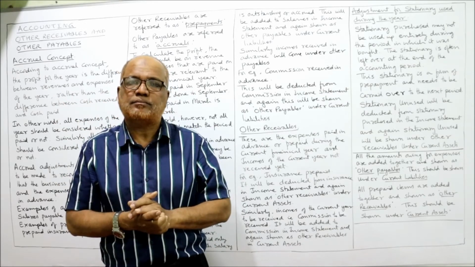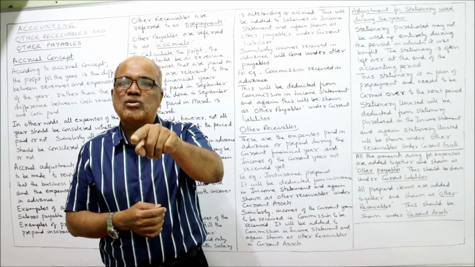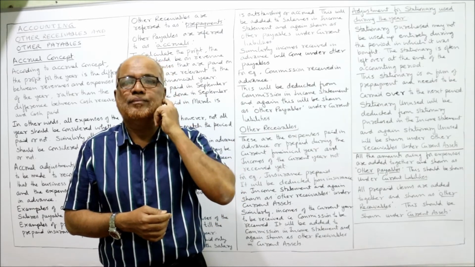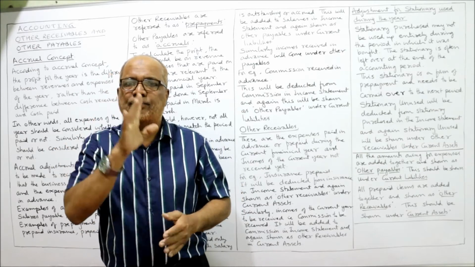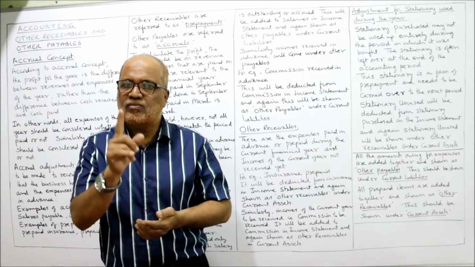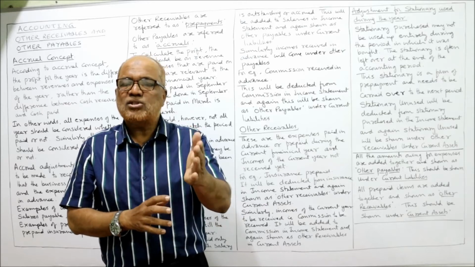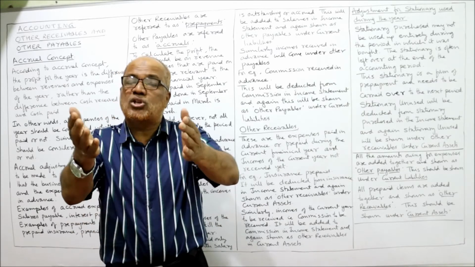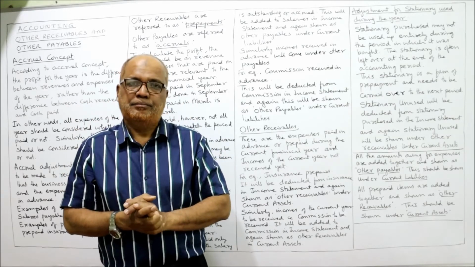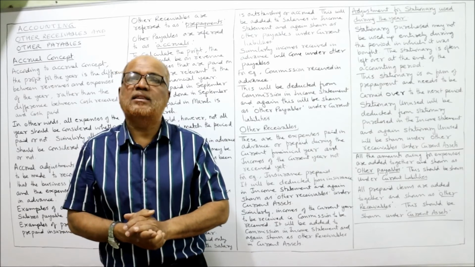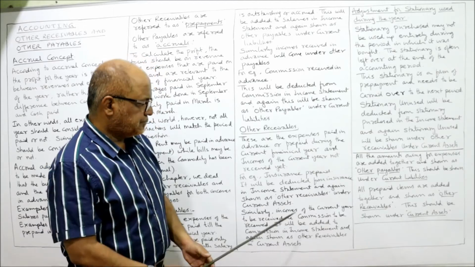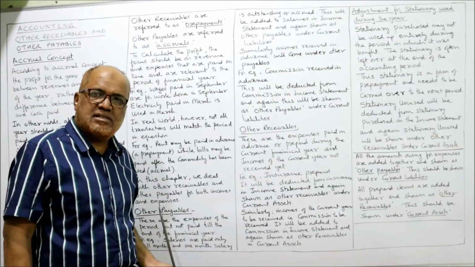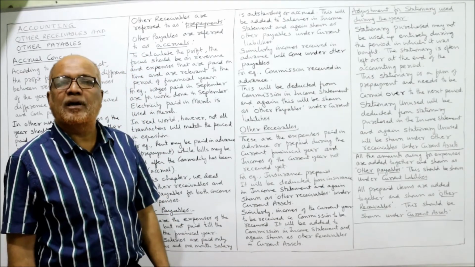This 20,000 will be added to 80,000 in the income statement. The total commission of the year is 1 lakh. And this 20,000 rupees commission not yet received will be shown as other receivable under current assets. These are the other payables and other receivables.